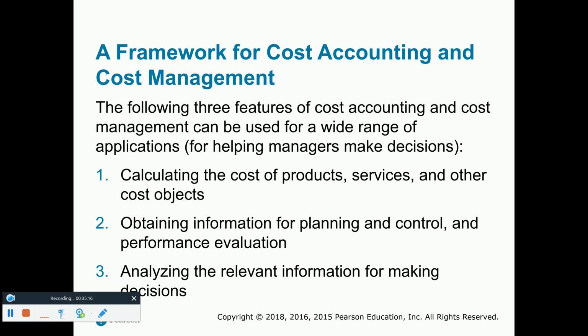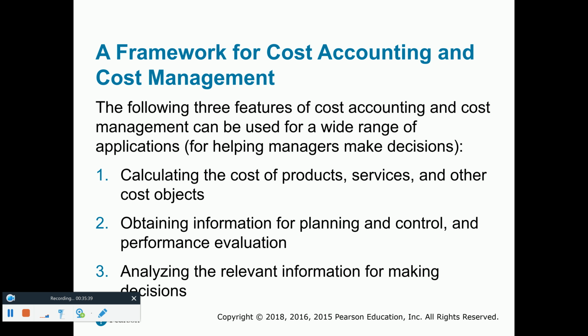The following three features of cost accounting and cost management can be used for a wide range of applications. So number one, calculating the cost of products, services, and cost objects, obtaining information for planning and control, and of course for evaluation, and analyzing the relevant information for making decisions.